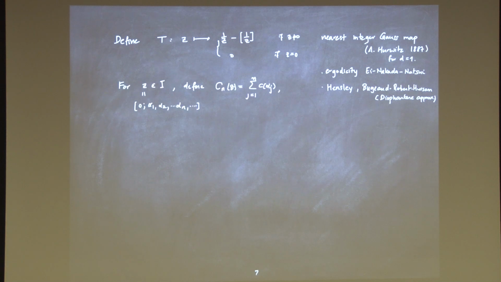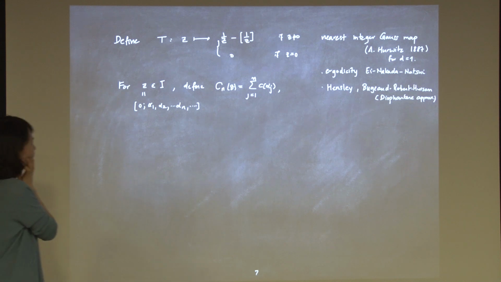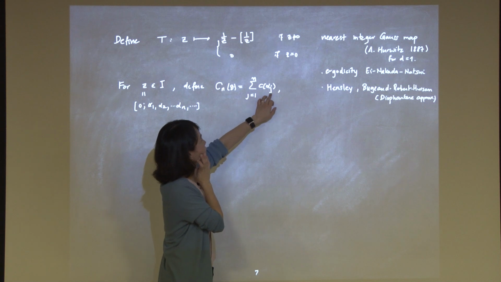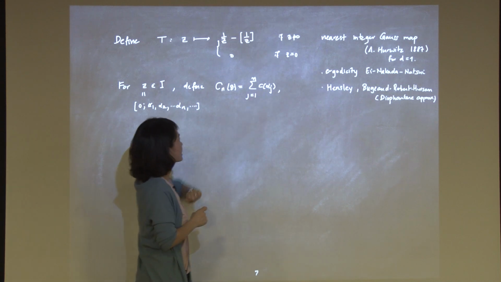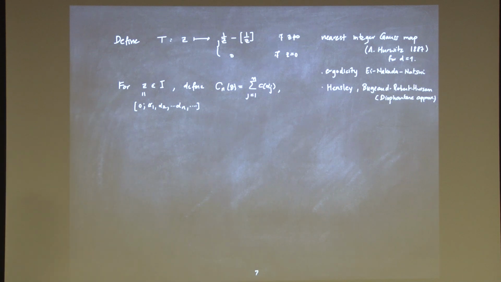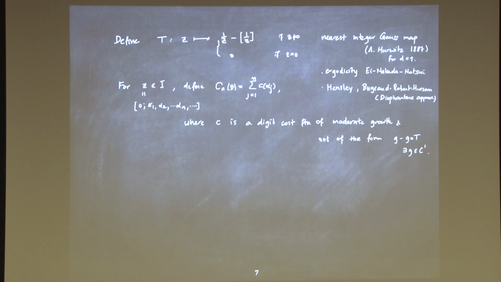Okay, so in this case as well, we're going to look at the digit cost function. You can just think of it as 1 if you're interested in a certain number, if alpha j is that number. And then we can look at the same question, whether C of x is asymptotically Gaussian.